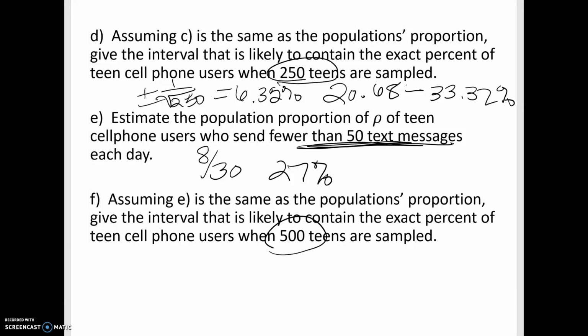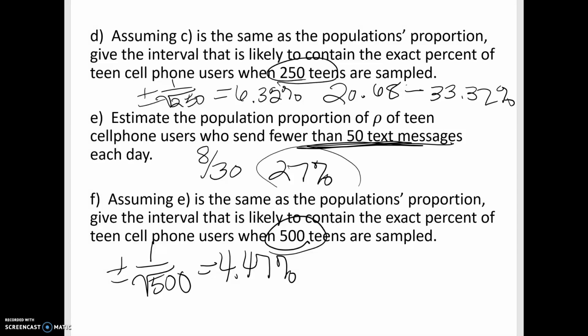Okay, then we're finding our margin of error based on 500 teens, which ends up being about 4.47%. Okay, which means my interval, so I'm adding it to this 27 and subtracting it from that 27, would be 22.53 to 31.47%.